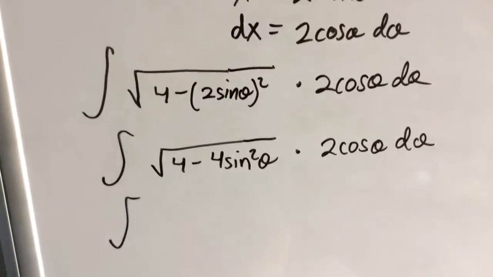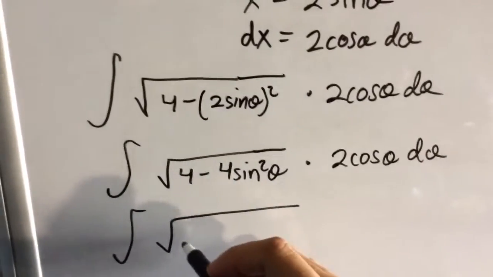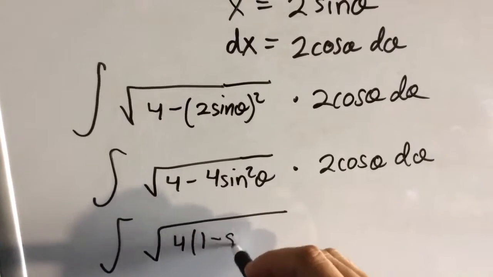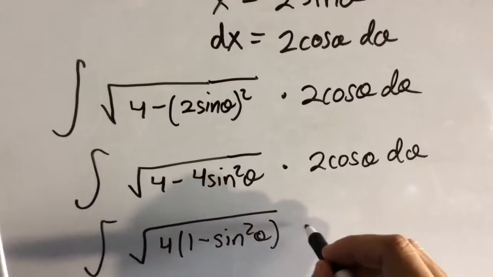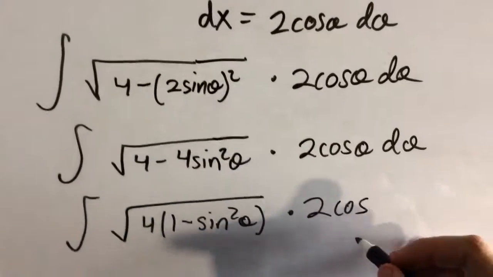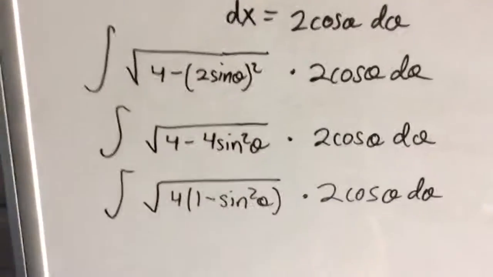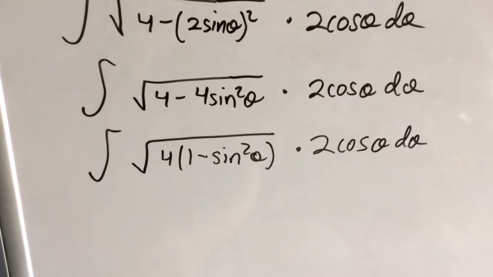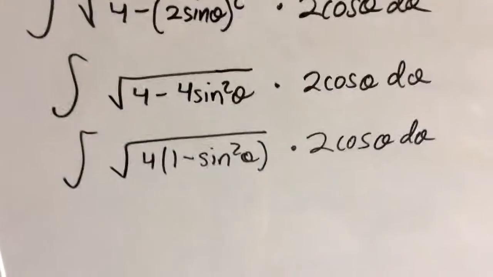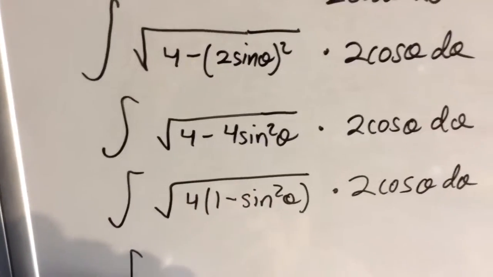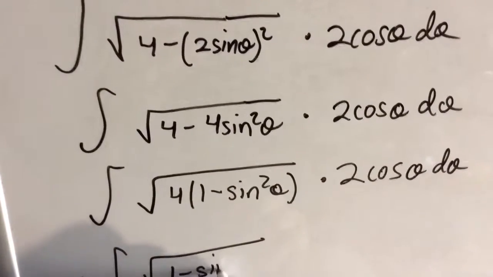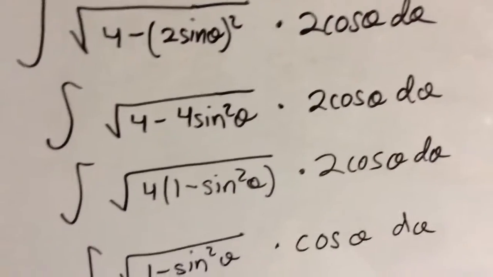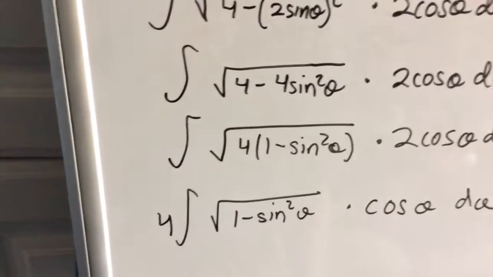Now we can factor out a 4 in the integrand. The square root of 4 is just 2, so we factor out a 2 outside. And we're left with 1 minus sine squared theta times cosine theta, since we factored out that 4 that was inside the integrand.